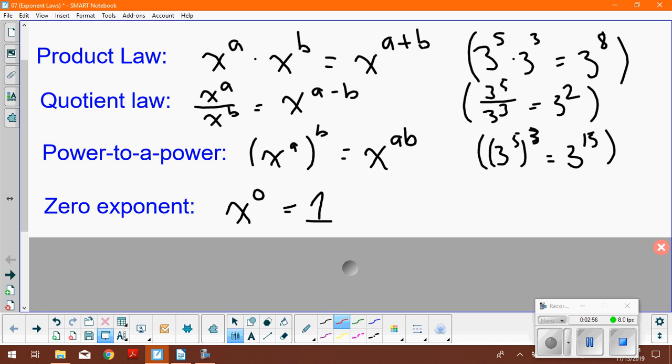Again, this isn't super important for right now, but 0 to the 0 is the only exception to that rule. Your calculator will probably give you an error when you do that. It might give you a 1, but it'll probably give you an error. But for anything else, like if it's 17 to the 0, it's 1. If it's 10 million to the 0, it's always going to be 1.